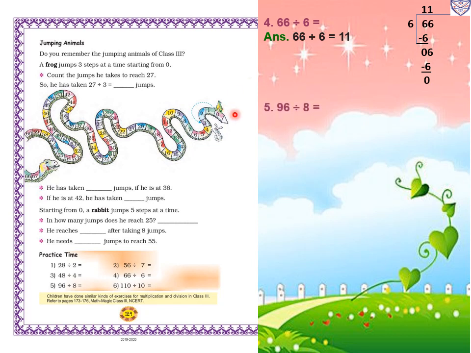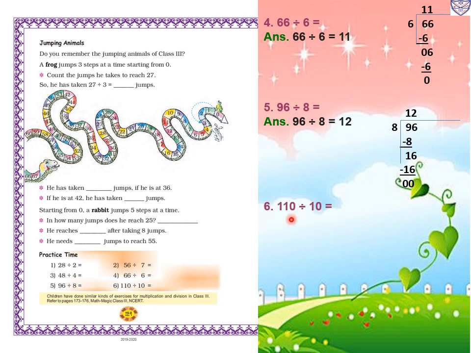Now number 5, 96 divided by 8. First we will take the first digit 9. In the 8 table, 9 will not come, so we will take 8 ones are 8. So 9 minus 8 we will get 1 and the 6 we will carry down. So it will become 16. In the 8 table, 8 twos are 16. So 16 minus 16 we will get 0. So 96 divided by 8 equals 12.